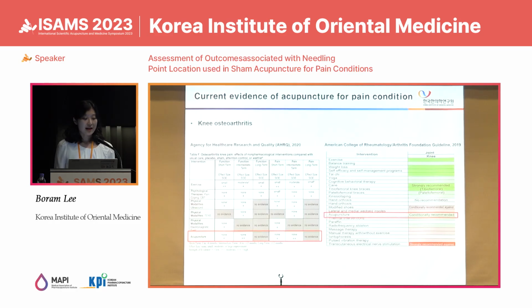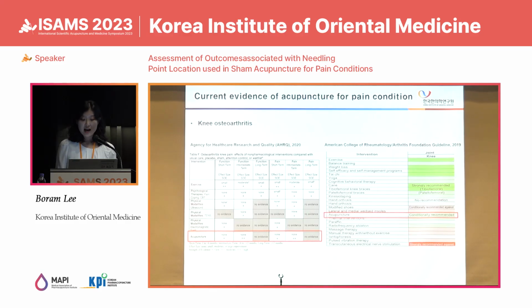This is an example of acupuncture recommendation for the treatment of knee osteoarthritis. As you can see on the left side, according to the AHRQ guidelines, acupuncture has no evidence for the treatment of knee osteoarthritis.